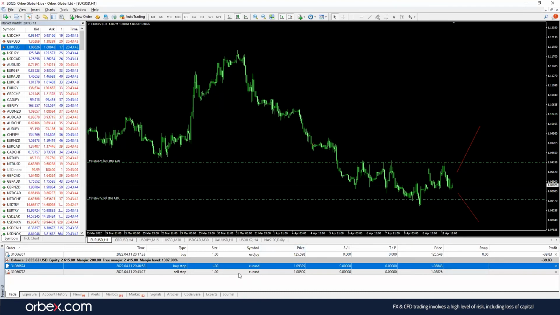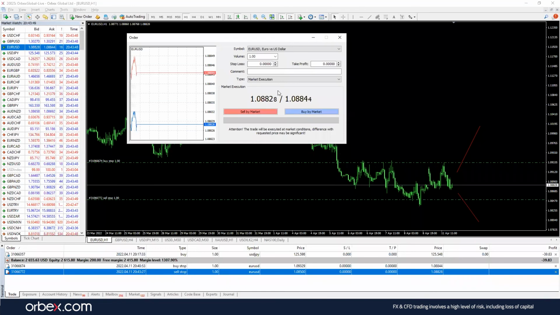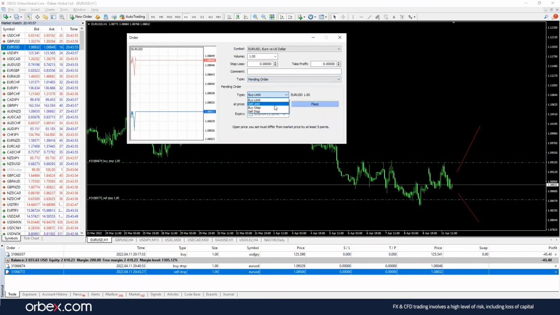And as you can see, it's here at the bottom. Another thing I want to let you know is that a lot of traders seem to mix up the pending orders. If you want to put a buy position in, a buy stop, the entry price has to be above the bid line because we're buying, so it's going higher.